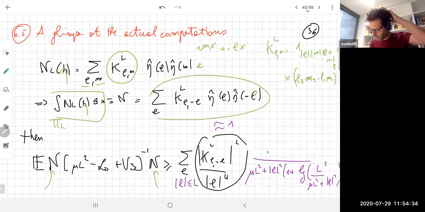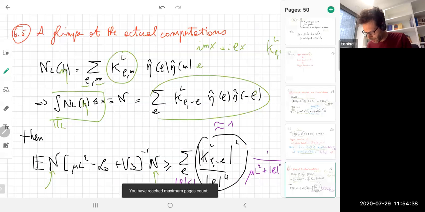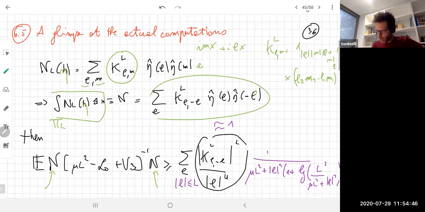And if you put back things, maybe let me write down in a... oh, I have reached the maximum page count. That's great. Okay, so when you put back this expression into this sum, what you get is this coefficient K L, L minus L, which appears twice because it is in this n here and in this n there.